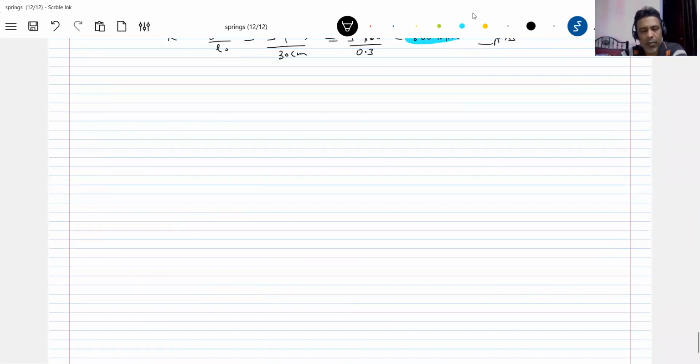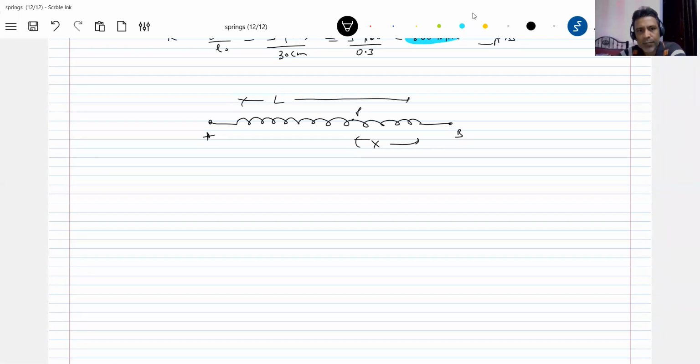Okay, here what I'm going to do is, this is a spring. This will be the typical question you can expect. Now I'm asking about a point on a spring which will be at rest, and the length of the spring, let it be L. This is the given displacement, and I'll give displacement in the opposite direction.